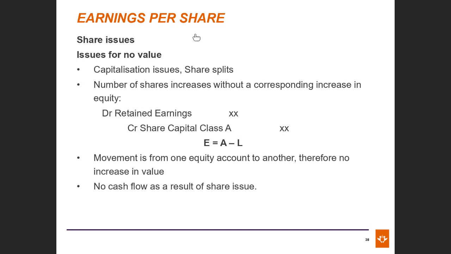We are debiting retained earnings and crediting share capital. So the effect is actually, there is no effect. We are basically moving from one equity to another. Therefore, there's no increase in value. So as a result of it being debiting retained earnings and crediting share capital, which is both equity, no cash flow will result from the share issue.